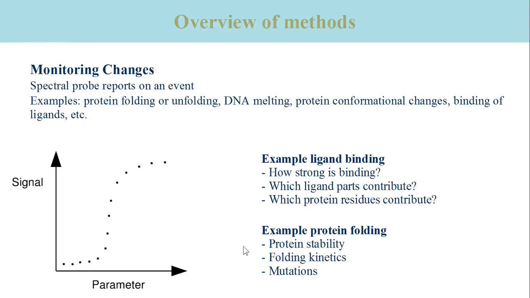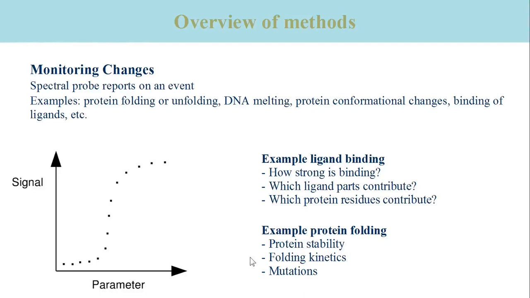One of the questions might be how folding is influenced by mutations that abolish specific residue-residue interactions in the native structure. Protein folding and unfolding can also be followed in a time-resolved way. Then the kinetics of folding can be investigated, and whether folding is a cooperative process or whether it proceeds in a number of steps.